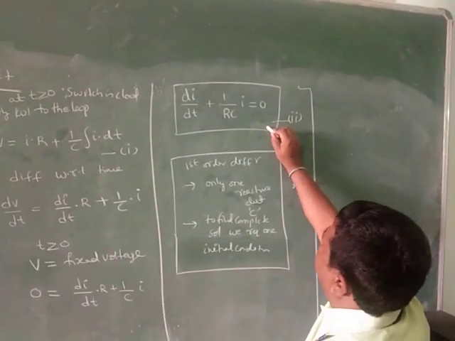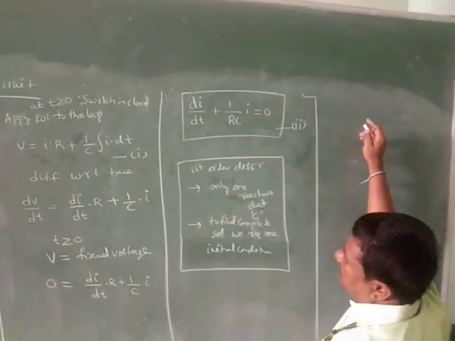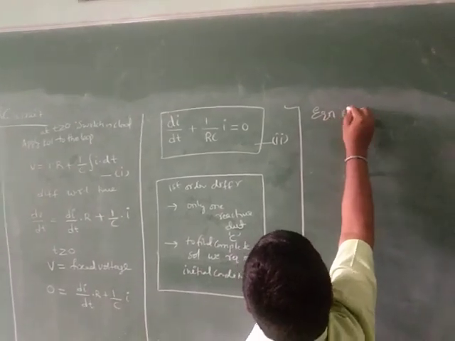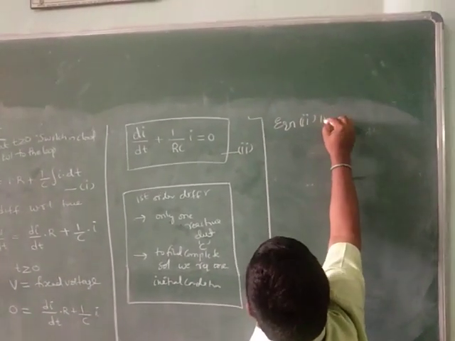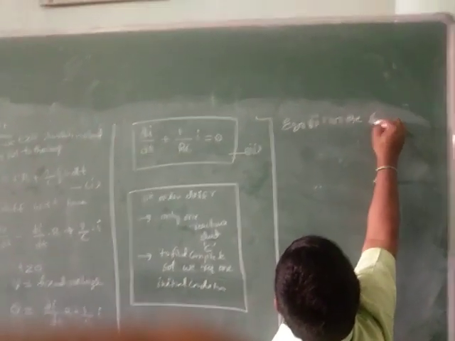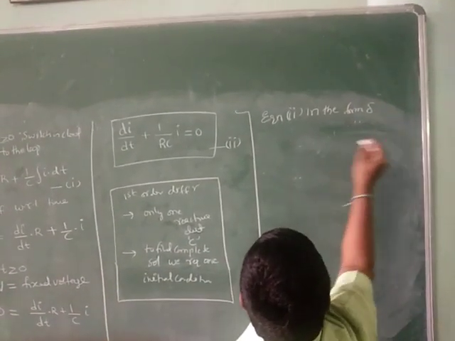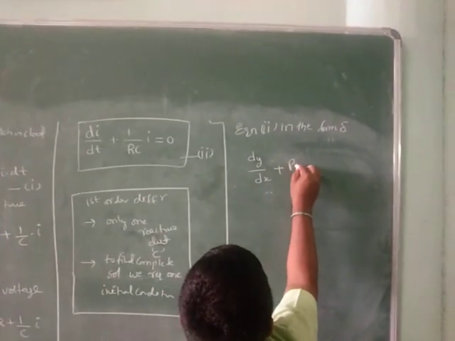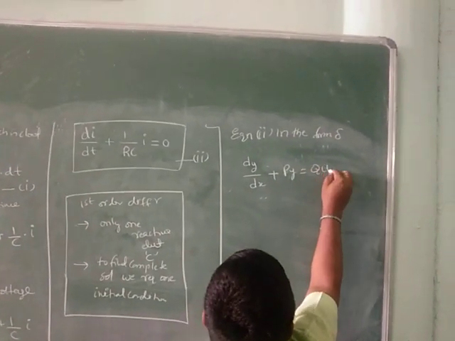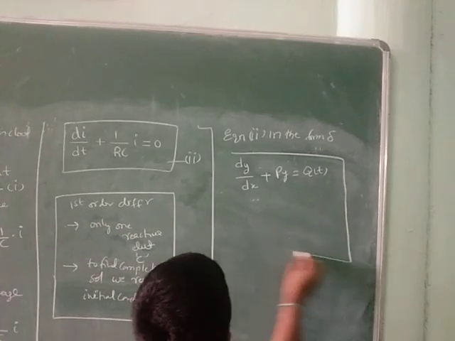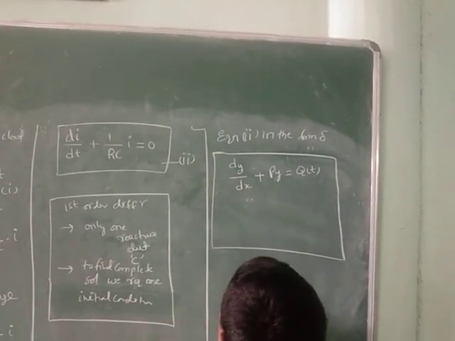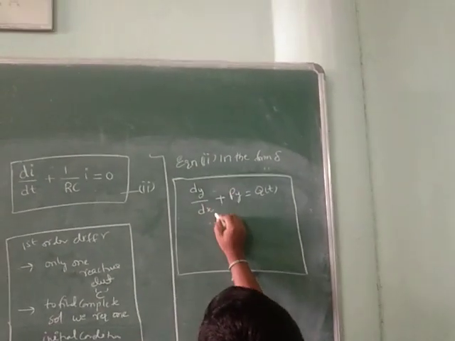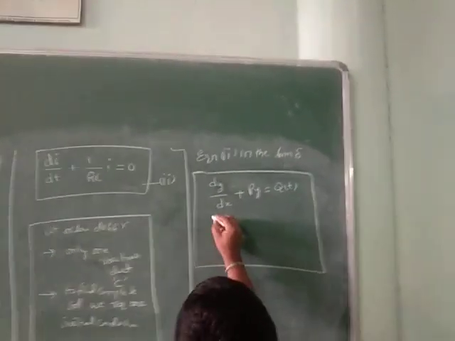Now compare the second equation with the generalized equation. Equation 2 is in the form of the generalized differential equation dy by dx plus py is equal to q.